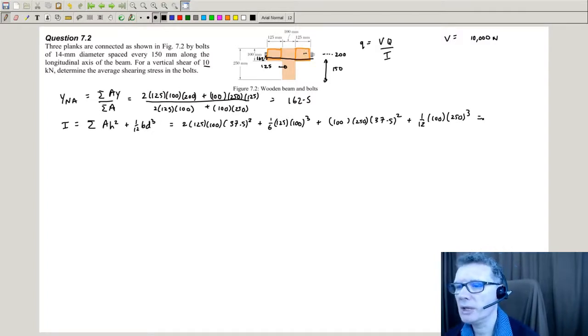Right, that's a lot of stuff to stick in my calculator. 2 times 125 times 100 times 37.5 squared plus 1/6 times 125 times 100 to the power of 3 plus 100 times 250 times 37.5 squared plus 1/12 times 100 times 250 to the power of 3 gives me a big number, and probably not the right one.